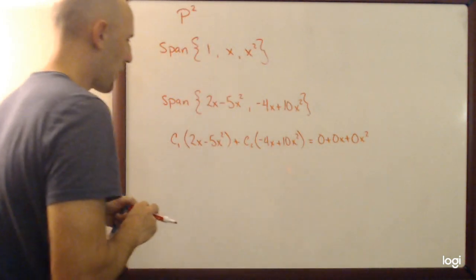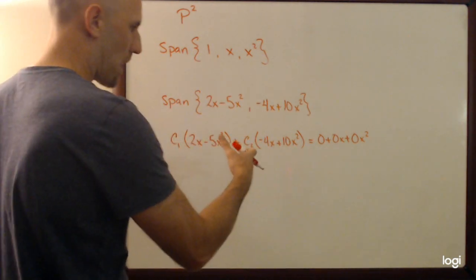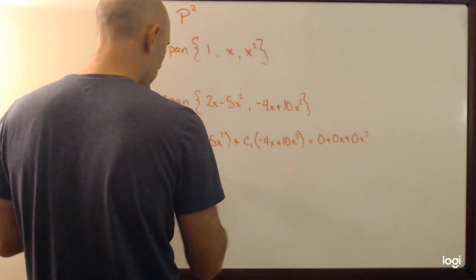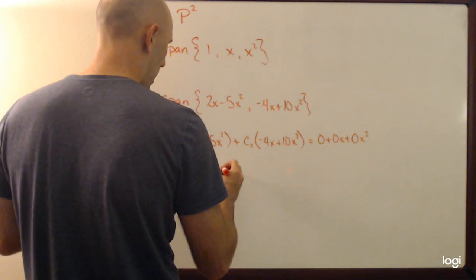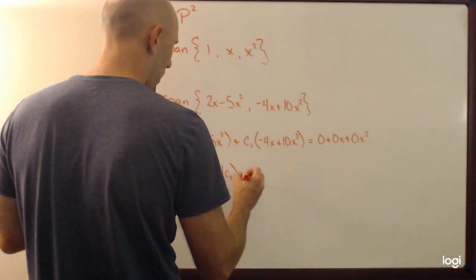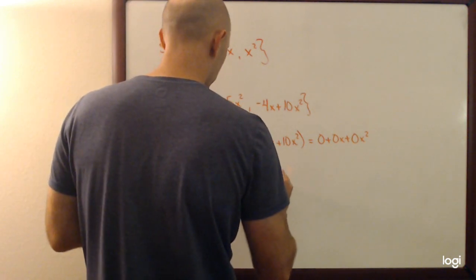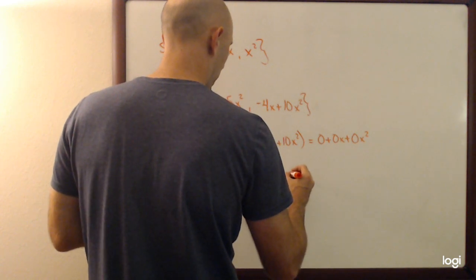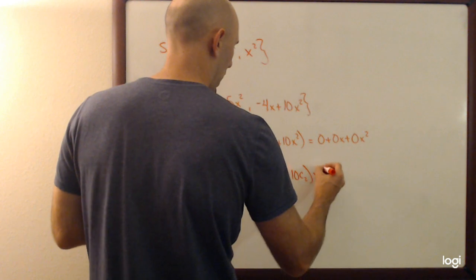Let's see how that might be done. Again, grouping all of my terms together after I distribute, I'm going to shortcut it a little bit this time. This is going to be 2c1 minus 4c2 times x plus negative 5c1 plus 10c2 x squared.